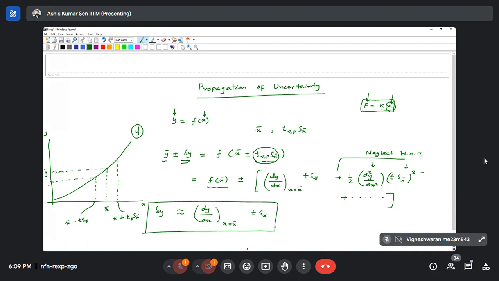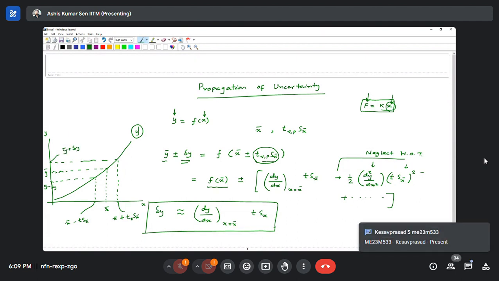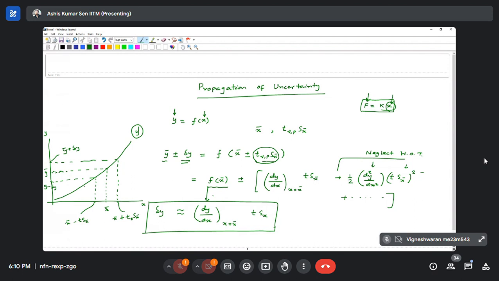So you will have y bar minus delta y, and we'll have y bar plus delta y, and this dy by dx is basically the slope of this curve about this point, right?